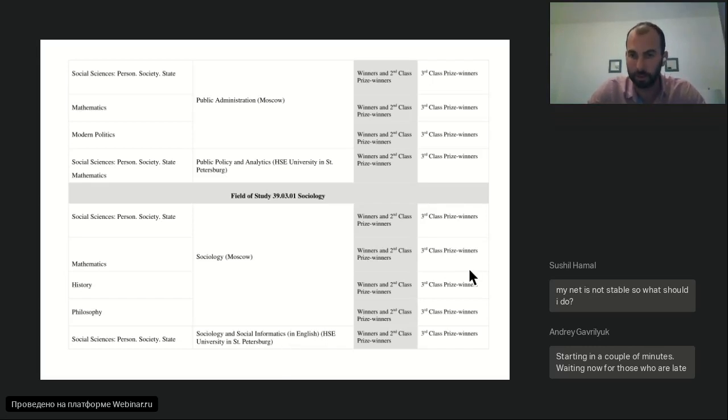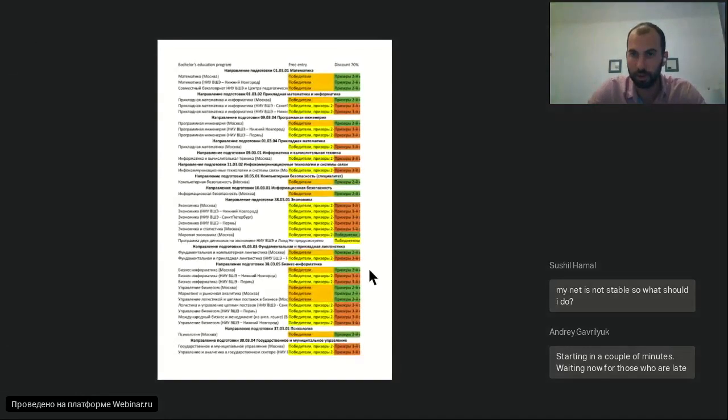And also, I will show you another file. Sorry, it's in Russian, but it's also downloadable, and somehow you can make some correspondences, and you can see in colors. So orange here stands for the first diploma. Yellow stands for first and second together.